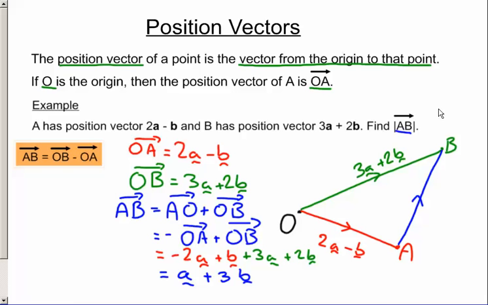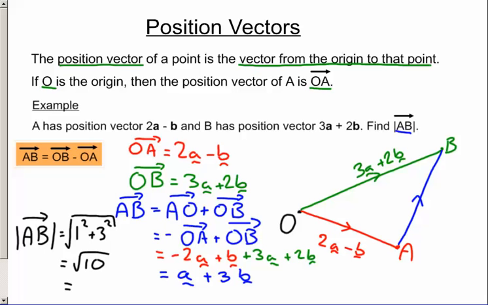So we need to do the magnitude. That's the magnitude of AB is equal to the square root of 1 squared plus 3 squared, which is equal to the square root of 10, which is equal to 3.16.